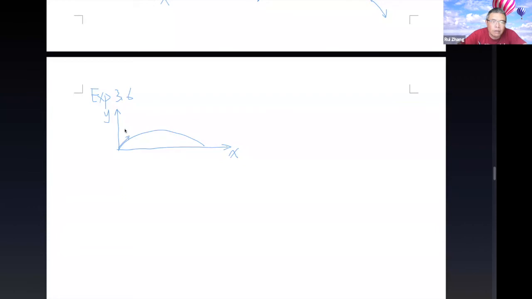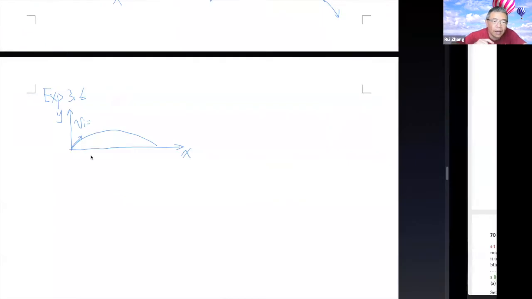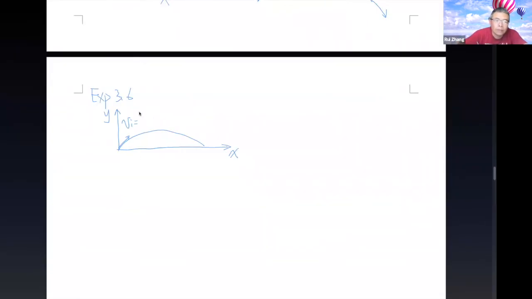So what is given here is the initial velocity magnitude, right? It's 11 meters per second, and then the angle is 20 degrees. Okay. Now that's all given in there, and then it asks you a couple of questions.